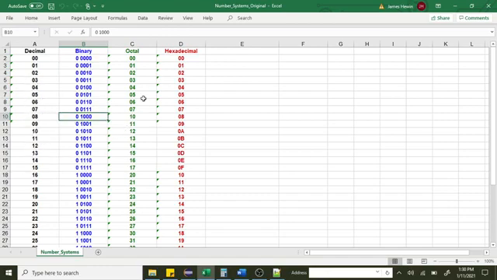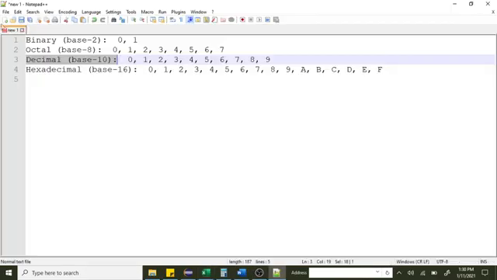Octal and hexadecimal are also common numbering systems. So octal is what's known as base 8. So you've got 0 through 7. Hexadecimal is base 16. You may hear this referred to as hex for shorthand.